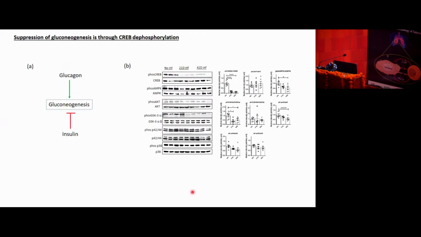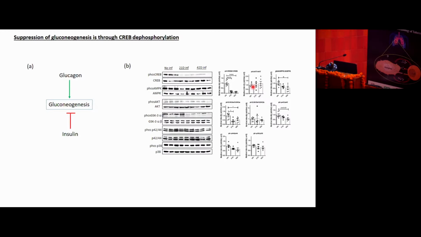So we looked at the transcription factors that influence gluconeogenesis, and we could find that the phosphorylation of CREB is highly compromised in TB patients, in TB infected animals. You can see here, it's around 4 to 5 fold less phosphorylation of CREB in the liver of aerosol infected TB. We don't see much in the AKT, which is the insulin signaling.